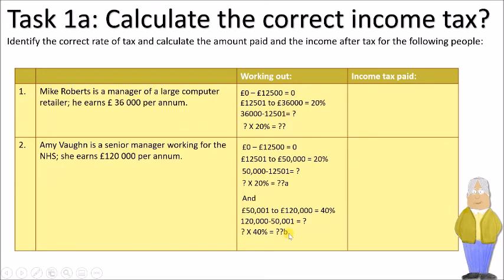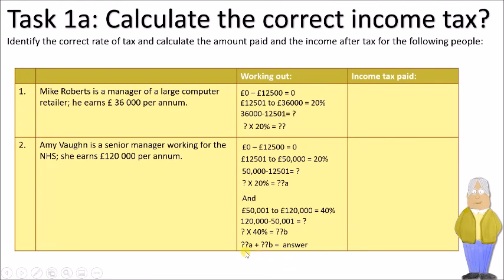This is where you'll find out what's going on while we've put up labels. So that's the answer from the sum above, the single question mark multiplied by 40%. I'm assuming you're using the calculator, which is absolutely encouraged, because that's what we're looking at working out right now. Now we're on the final part of the calculation, because this time around for Amy there are 3 slices for her income tax bill.